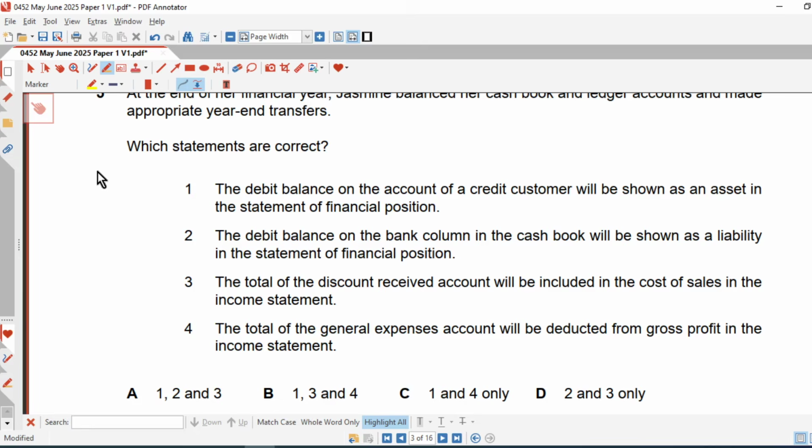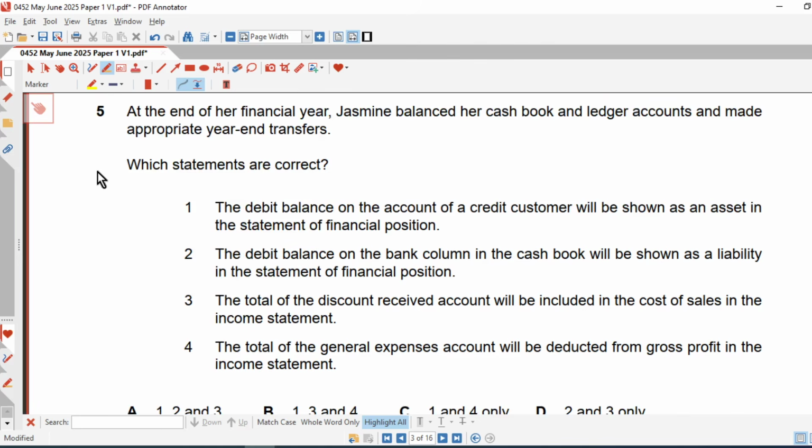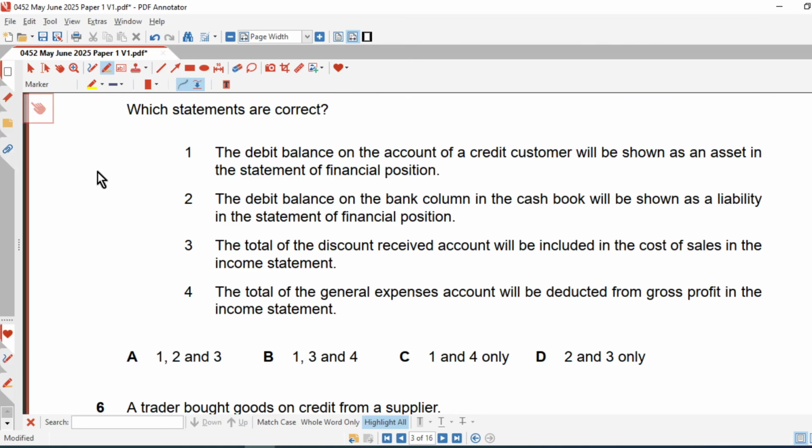Question number 5. At the end of her financial year, Jasmine balanced her cash book and ledger accounts and made appropriate year-end transfers. So which statements are correct? Let's read through it one by one.